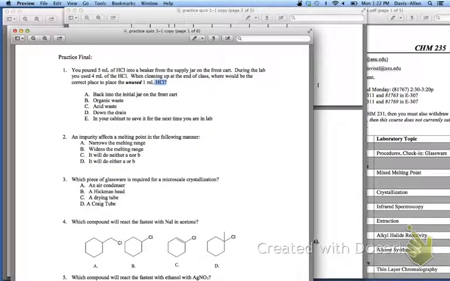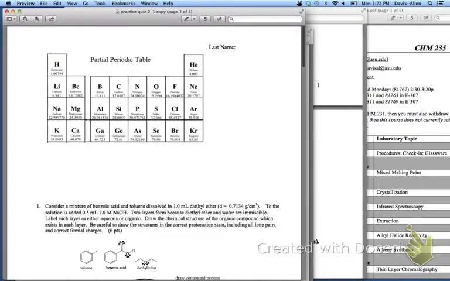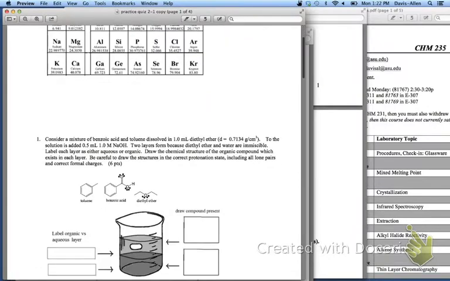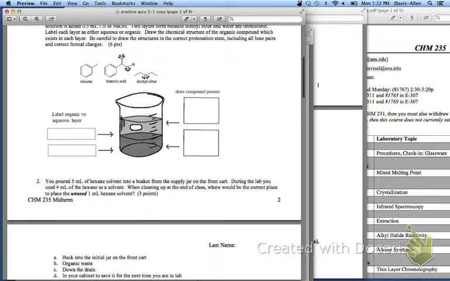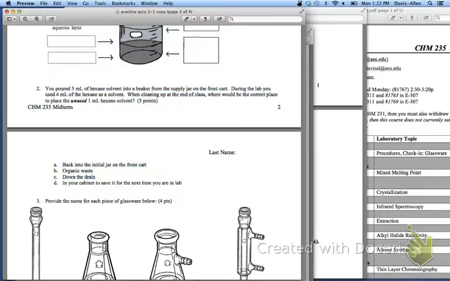We then moved into, let's see if there are other questions in here. Sorry for the fast scrolling. There's another one there. Hexane. Hexane is what kind of compound? Organic. This question is not one of my favorites because it gives you the name and you're expected to know the structure.